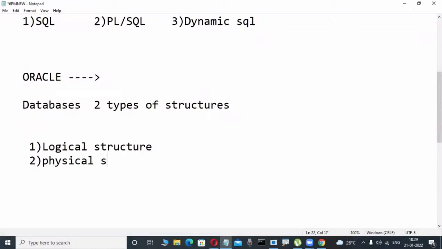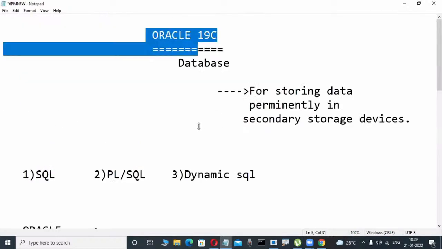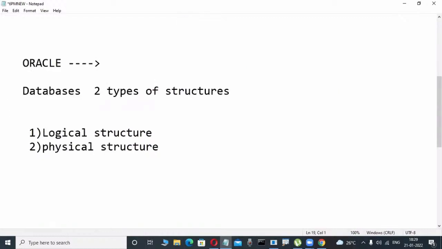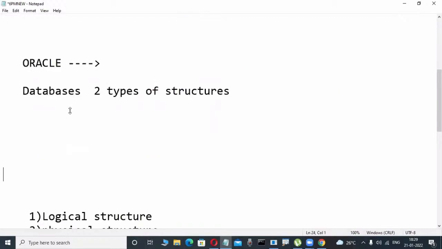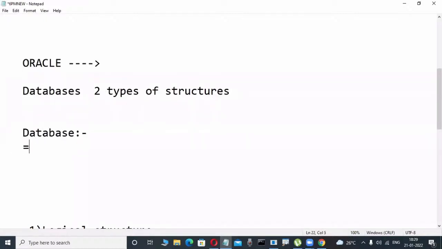Before we tell what the logical and physical structures are in these database software, just look at the database definition in books, which many fellows write like this. Today at least you will understand it. What is a database?